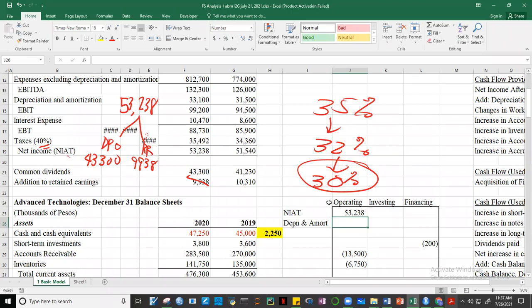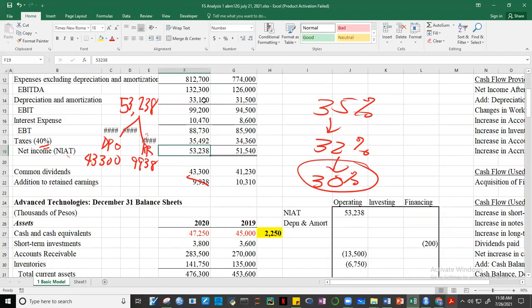Pag sinubtract natin, kasi ganito yung logic, ulitin natin: ito yung net income after tax natin, 53,238. Ang tanong, cash ba to? Hindi siya cash. Bakit? Kasi may mga binawas tayo dito na non-cash item.